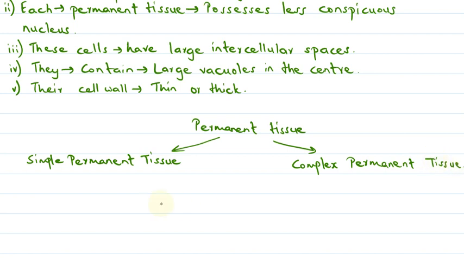So these are the two different types of permanent tissues.